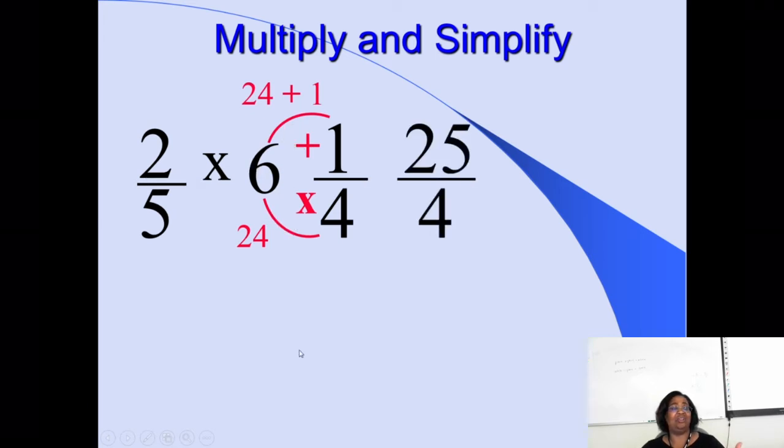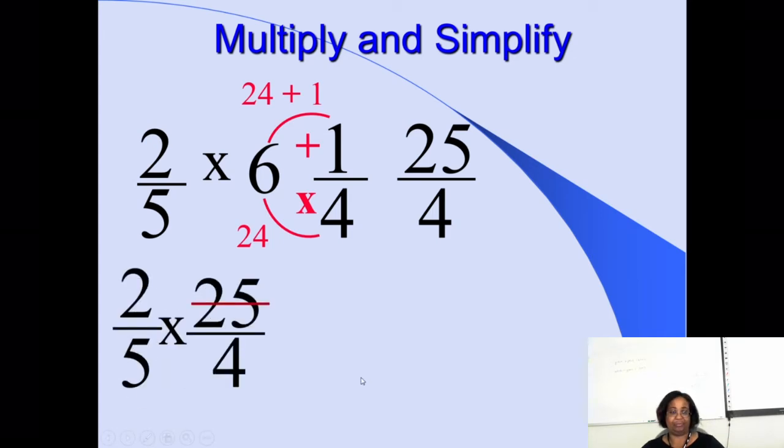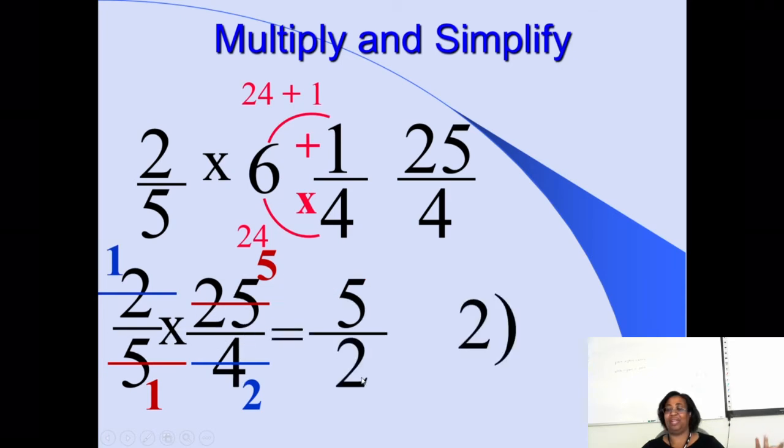Then I can cancel a lot here. I can cancel 5 and 25, and I can cancel 2 and 4. So I can do 2 cancellations here. 5 goes into 25 5 times. 5 goes into 5 once. Then 2 goes into 4 2 times, and 2 goes into 2 once. That leaves me with 5 over 2, which is clearly 2.5. You can do that kind of in your head.